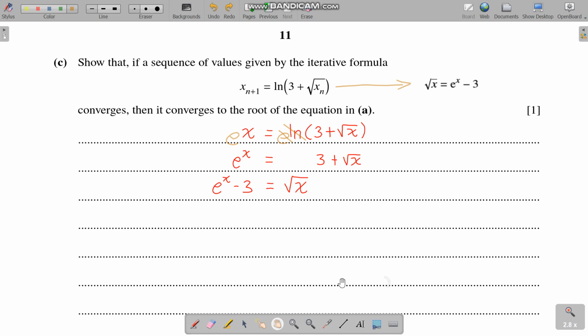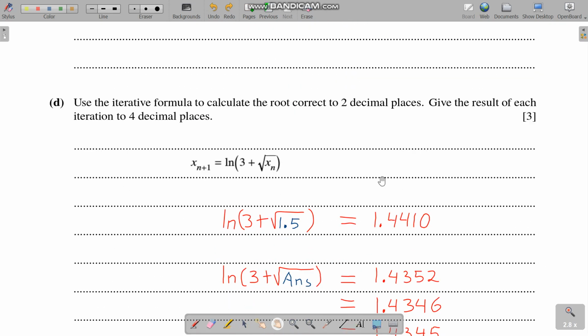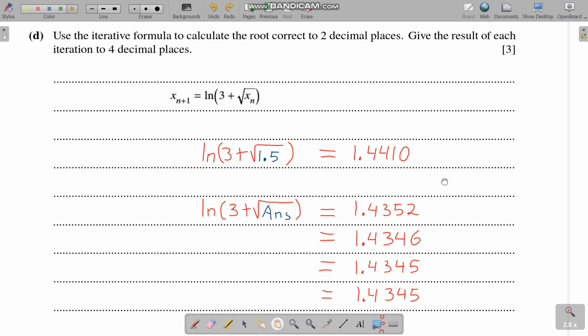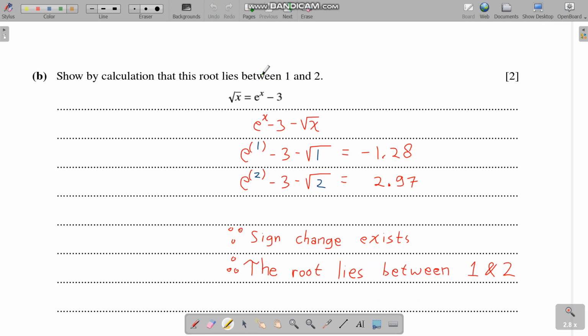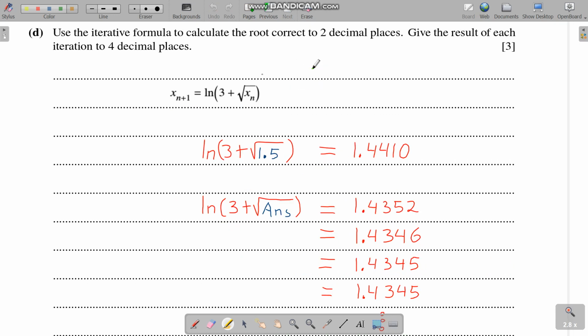It's a 1-mark question. Now part D, use the formula to find the root. So this is the formula from the previous part, and from the previous part we know that we were checking between 1 and 2. So between 1 and 2 means, just add 1 plus 2 divided by 2.